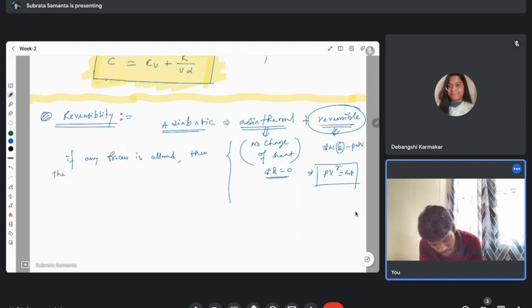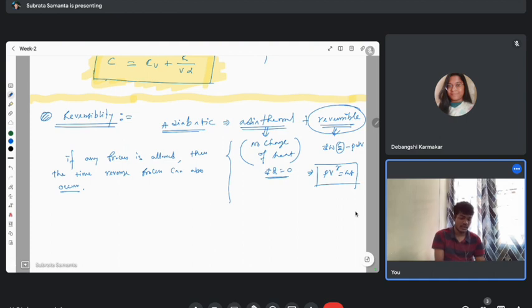The time reverse process can also occur. So this is the basic meaning of reversibility. Okay. So which process is not reversible?